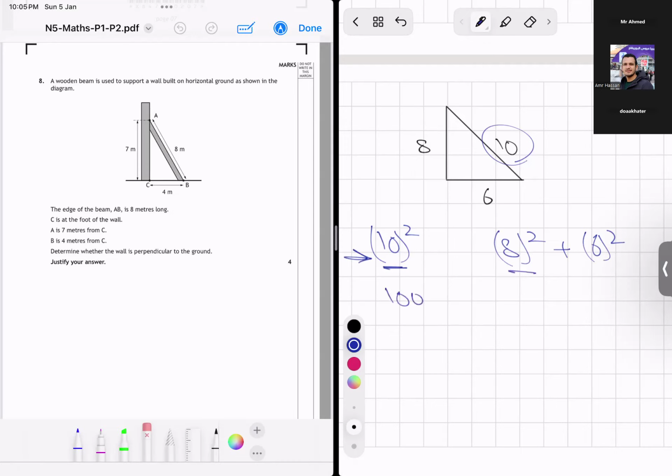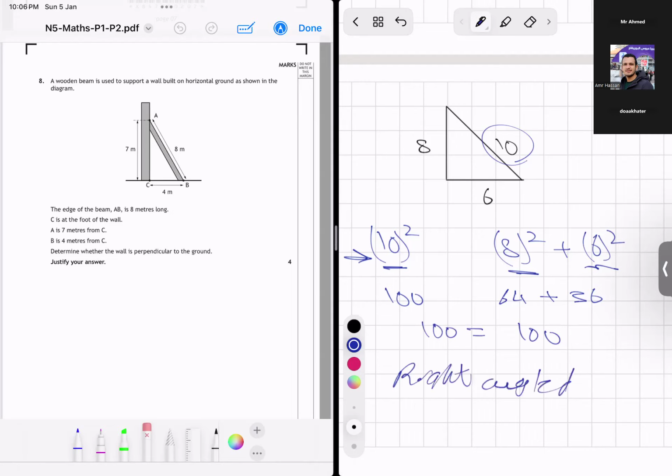This one, 64. This one, 36. Let me add them together. 64 and 36 is 100. So I ended up with the left-hand side equal to the right-hand side, which means this is a right angle triangle.